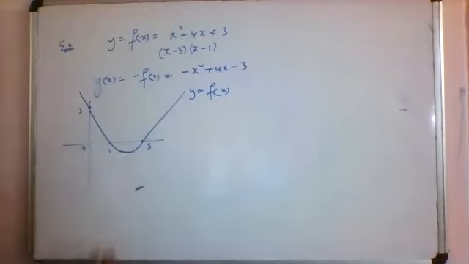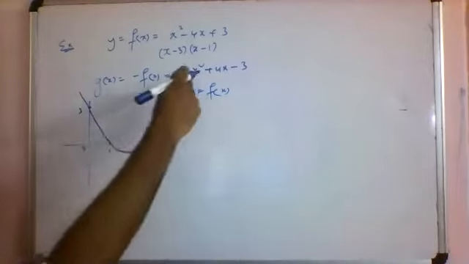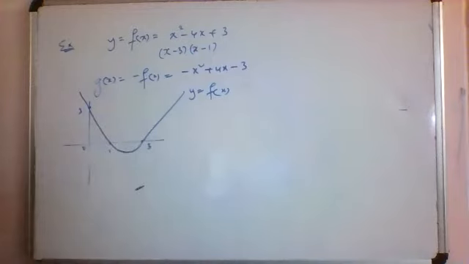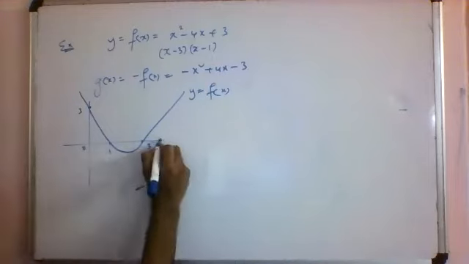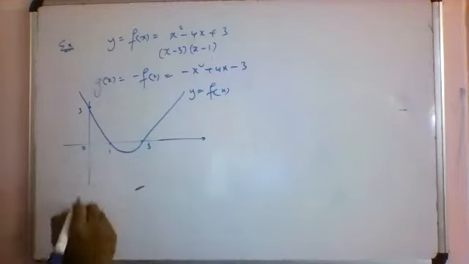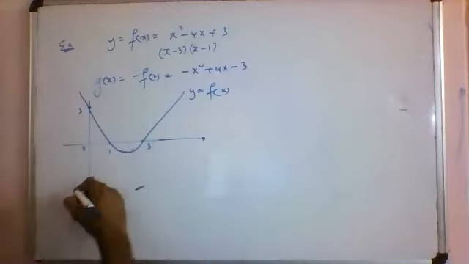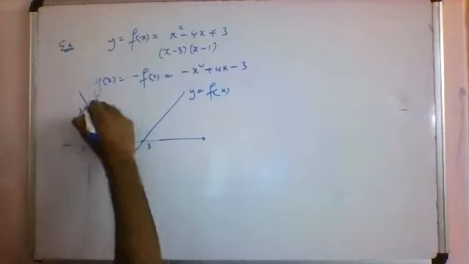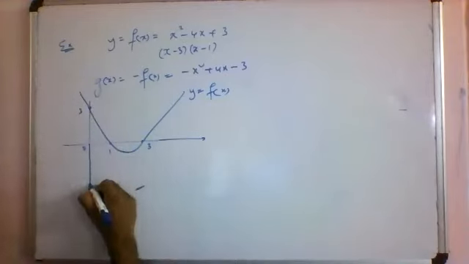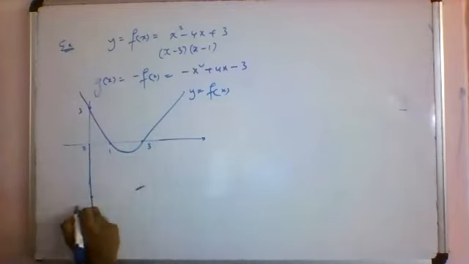Now what about this one? Whenever minus comes, as I said, to the entire graph you have to take its reflection with respect to x-axis. So take its reflection. If it is cutting at 3, its reflection must cut at minus 3.